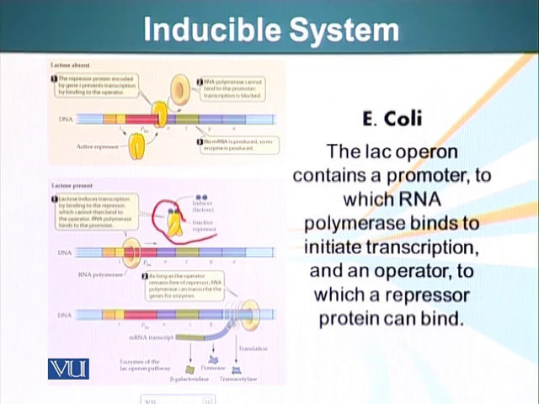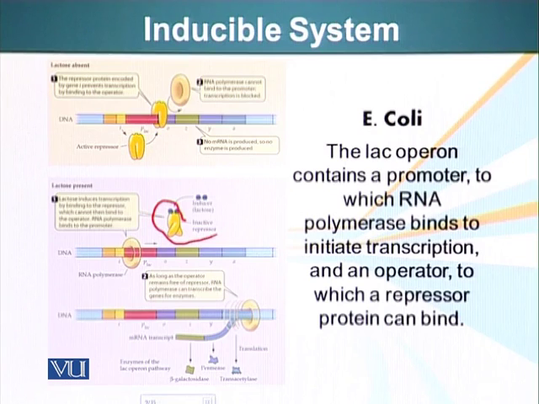When that happens, the repressor can no longer bind the operator. The repressor has two special domains. One can bind the DNA at the operator region. The other domain binds the lactose molecule. So when lactose is present, the repressor comes off the DNA and RNA polymerase can now freely bind the promoter region and transcribe the structural genes.